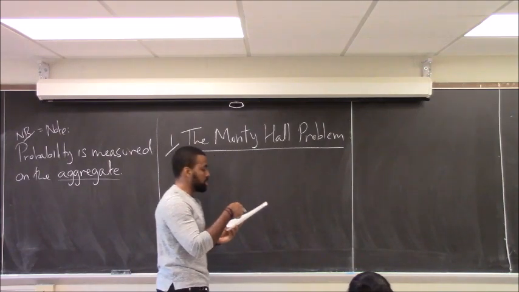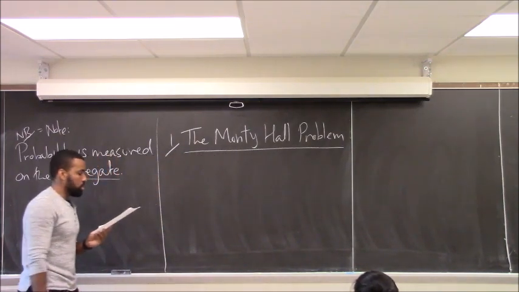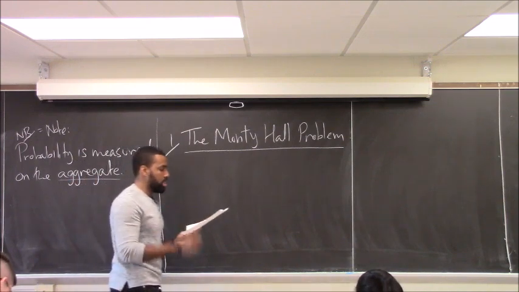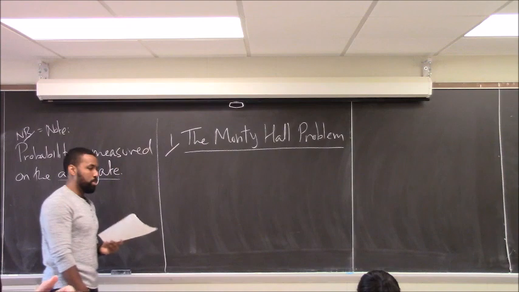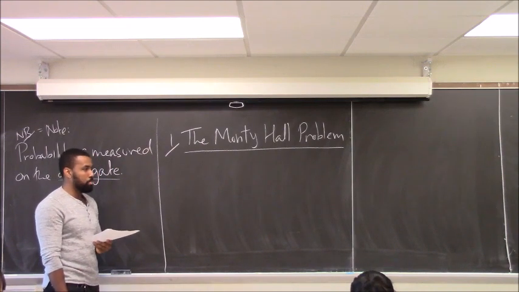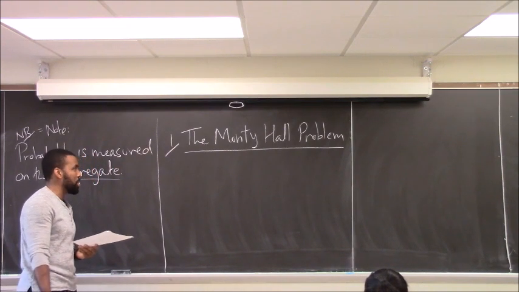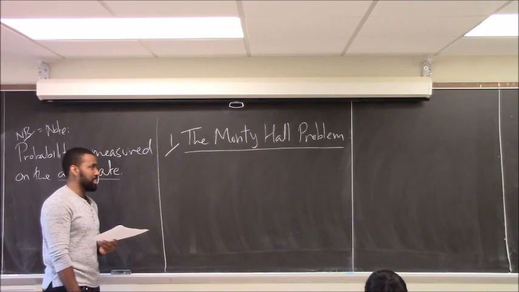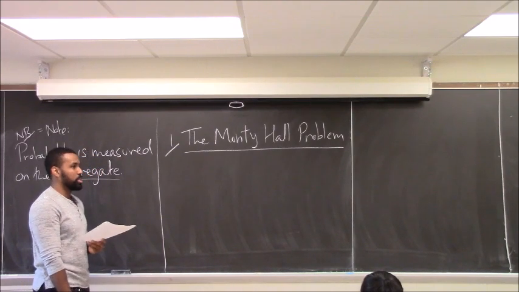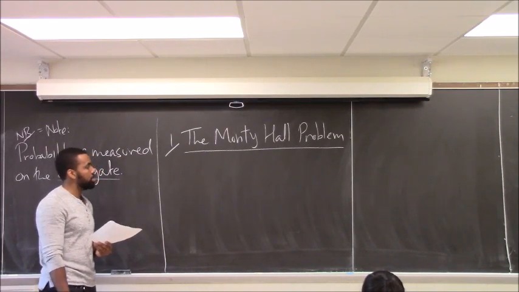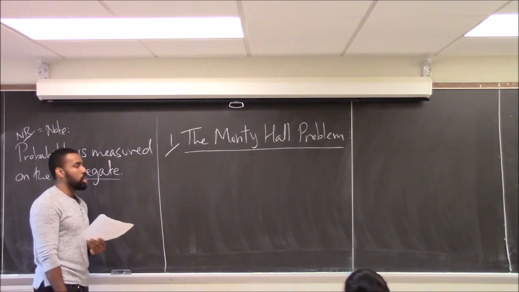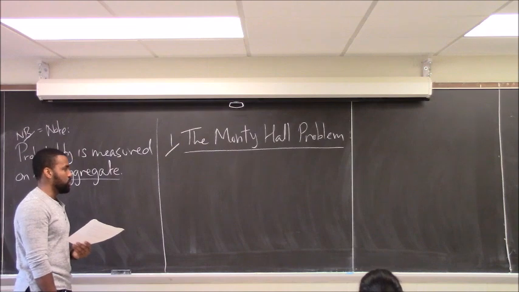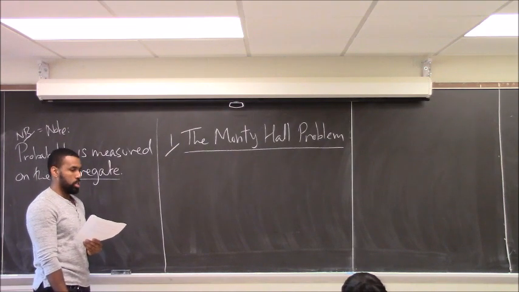And this problem actually was published, as you can see here, in around 1975. And that's back when people used to read print media all the time. So whenever a math problem came up in like a magazine or a newspaper or something like that, everyone was talking about it. So the Monty Hall problem was a very famous problem because it was very controversial at the time, and you would have people arguing over it all the time.